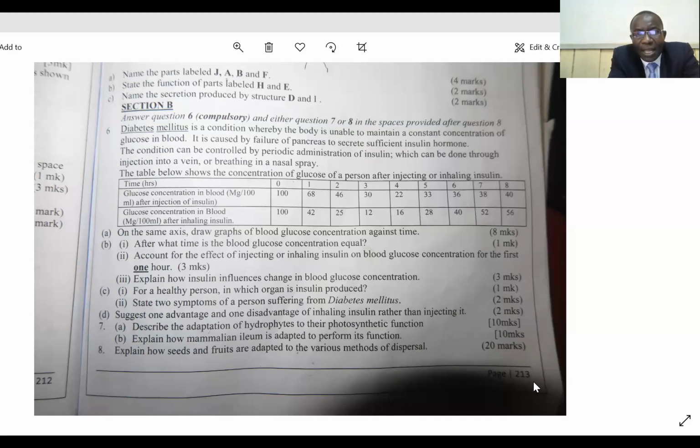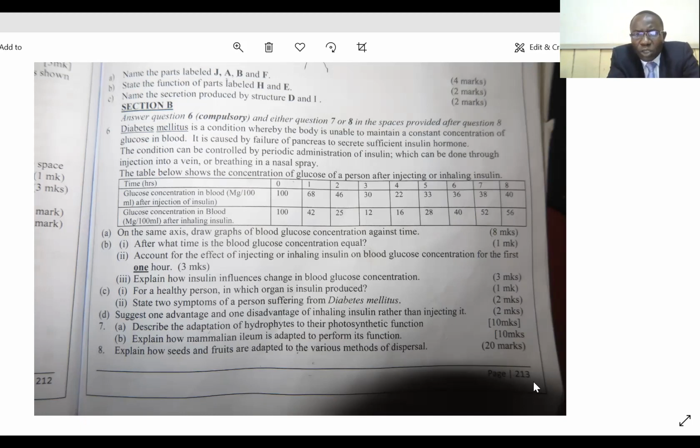Then after 1 hour, it is reducing to 68. After 2 hours, it is reducing to 46. After 3 hours, it is 30. After 4 hours, it's 22, then 33, 36, 38 is now again increasing, and then 40.